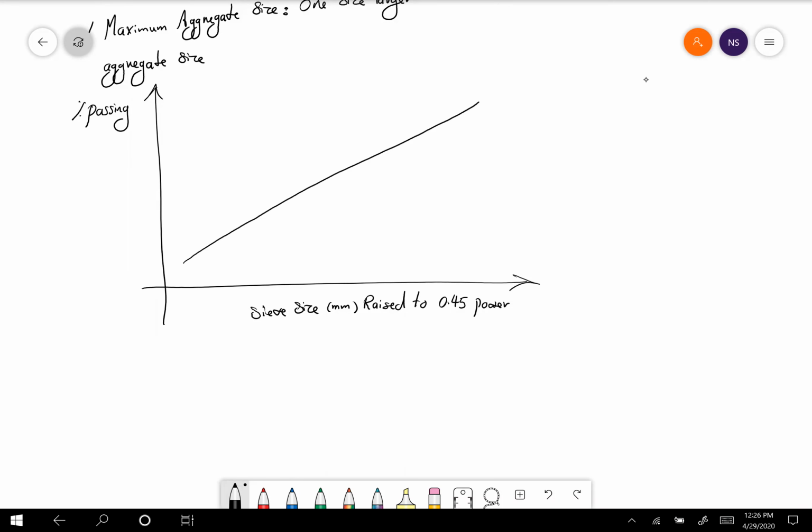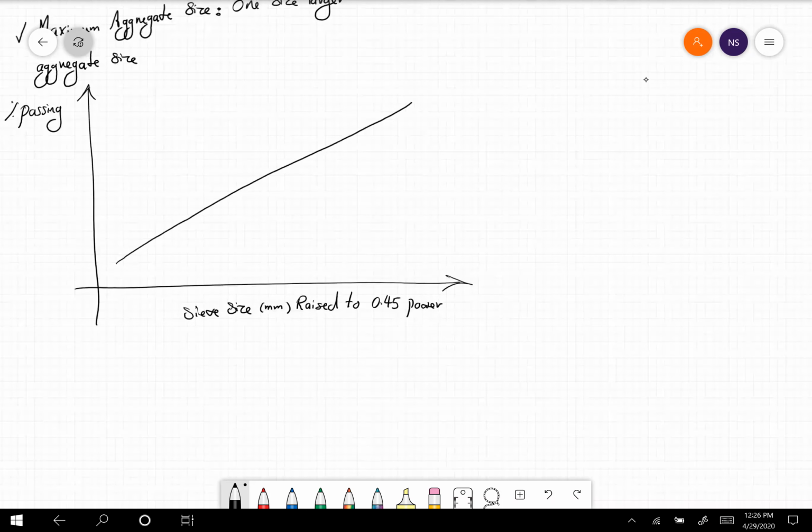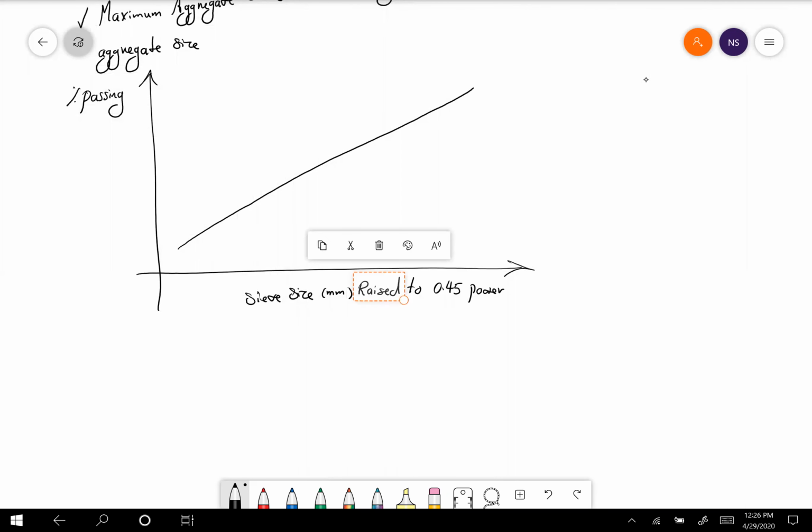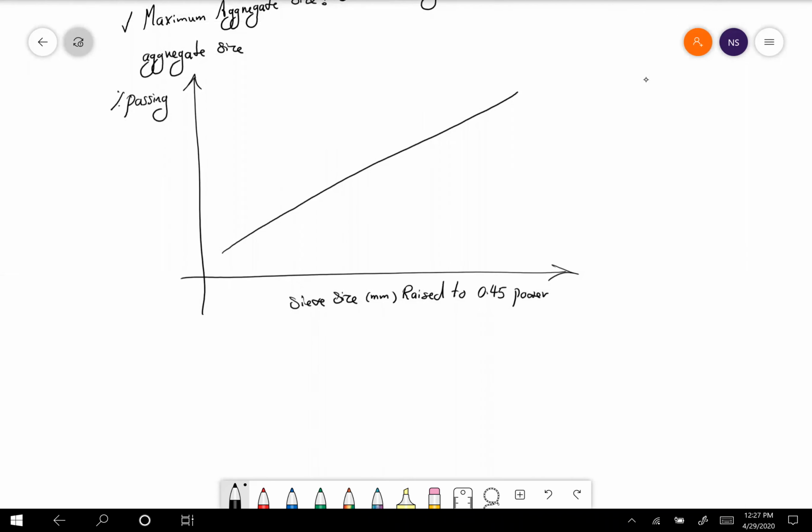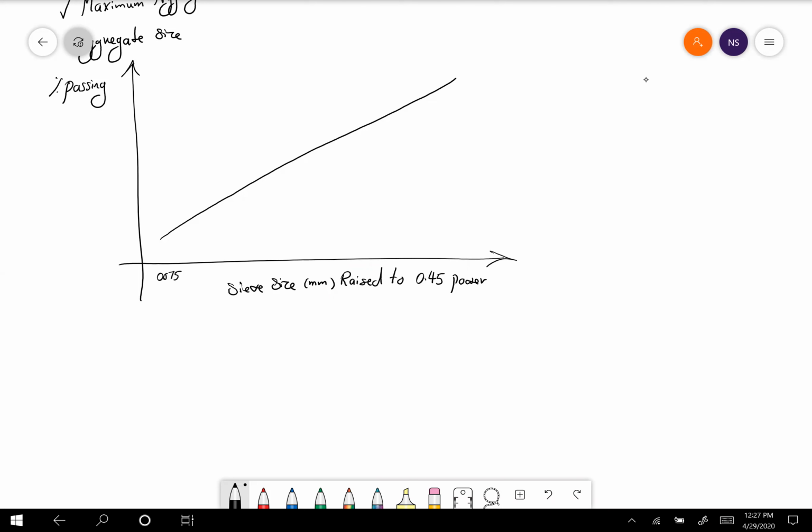And there are some control points on this line. Let's say this is 0.075, that's sieve number 200.